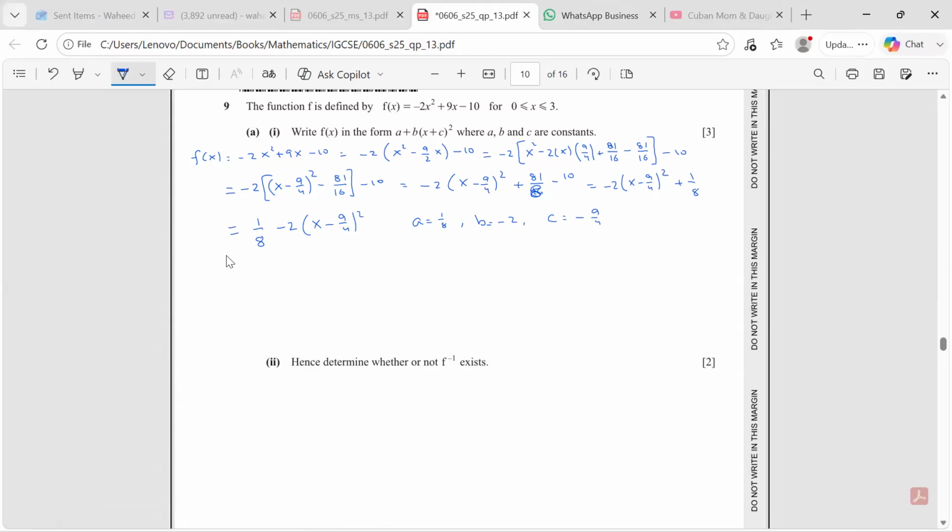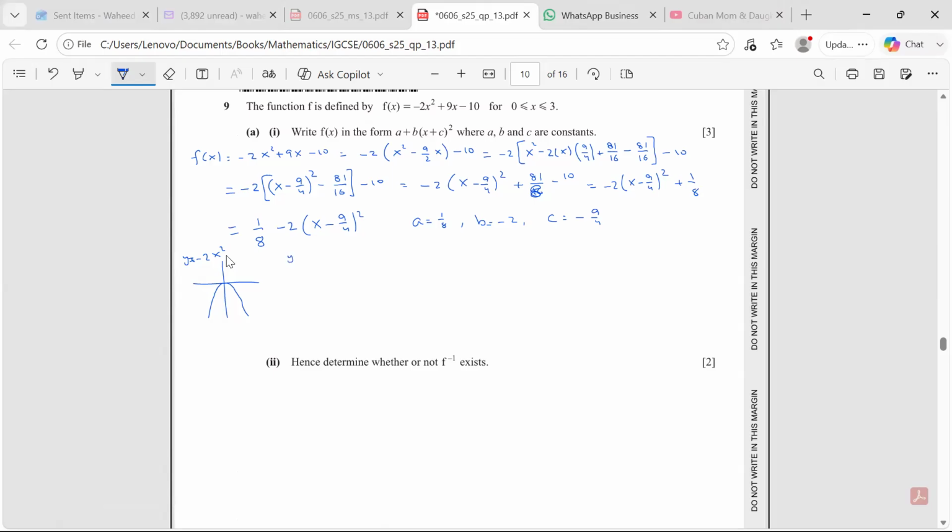Hence, determine whether f inverse exists or not. Let's see how this function looks very quickly. If I have something like y is equal to minus 2x squared, it would be a parabola opening down, something like this. Its width will be controlled by this factor 2, right?